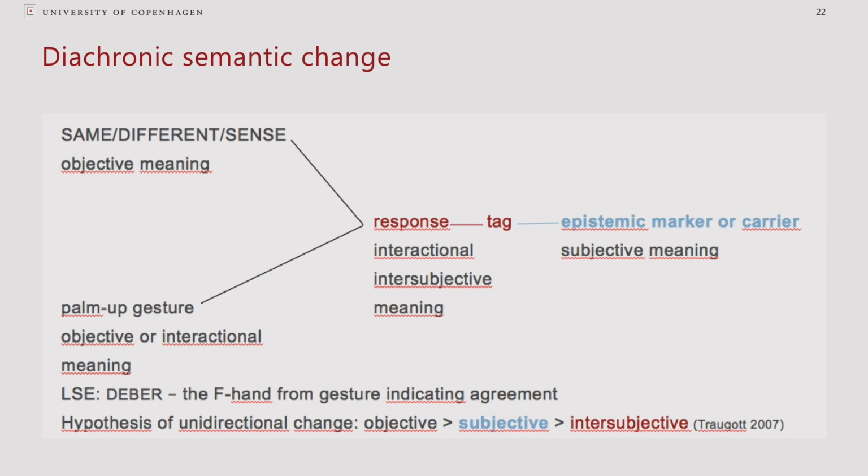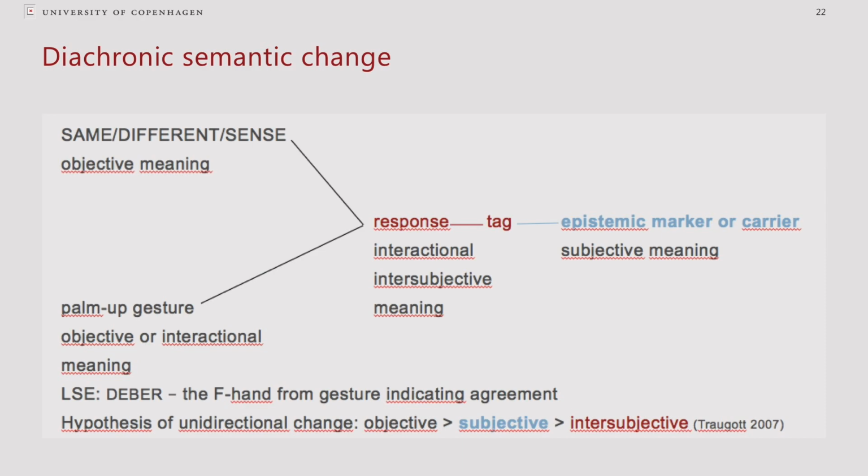And in Danish Sign Language, it starts with the palm up gesture, which may have an objective meaning, but also an interactional meaning. It can be used as a response, as a tag, and as a carrier of epistemic meaning.